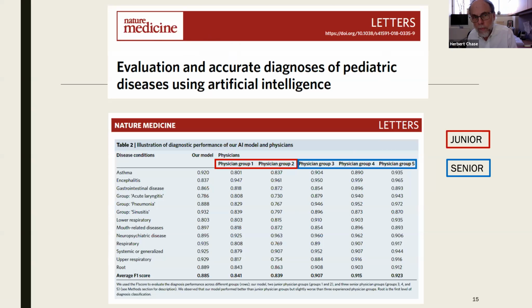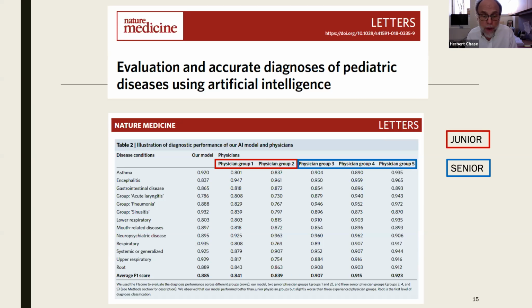So this is a machine that diagnoses pediatric diseases in the emergency room, and the machine was incredibly good. As you've heard about training, it's trained on thousands of cases, and it's incredibly good. It's better than the group that is in the red box. These are trainees, and the machine actually was more accurate than the trainees, but not as accurate as the blue group, which are the senior physicians.